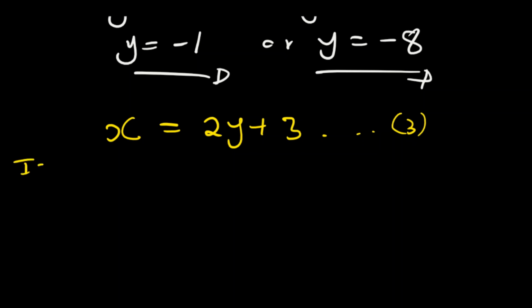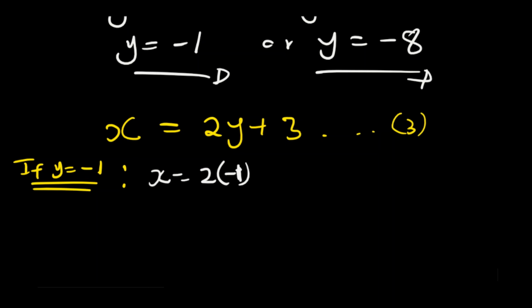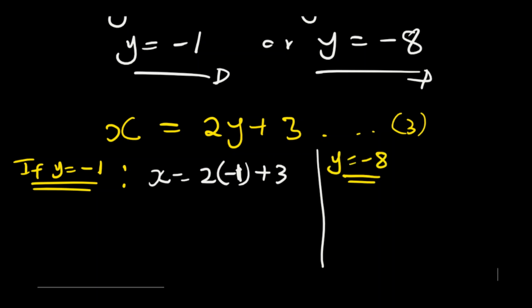So if y is equals to minus 1, what is x? You're going to say x is equals to 2 into minus 1 plus 3. And when y is equals to minus 8, what is x? You're going to say x is equals to 2 into minus 8 plus 3.